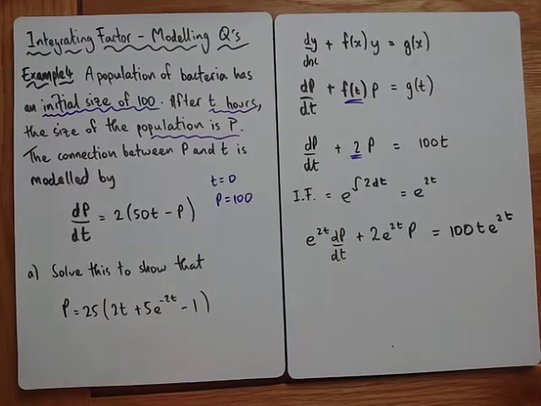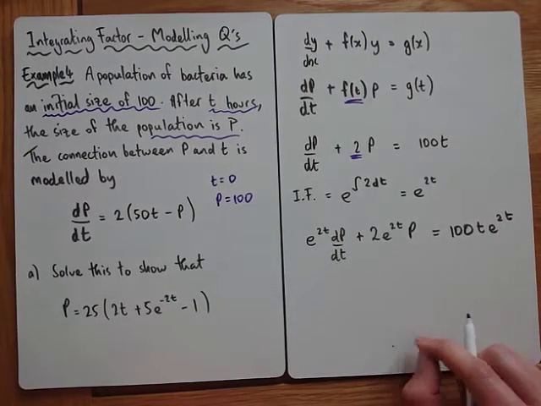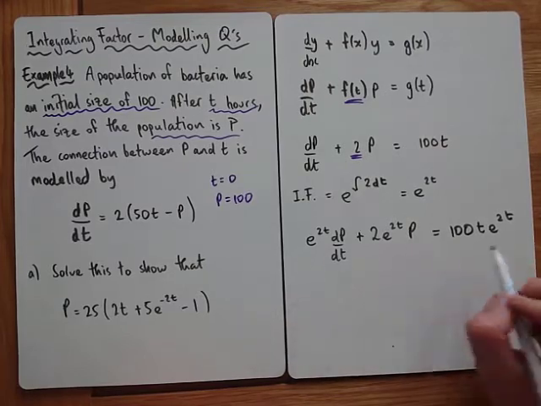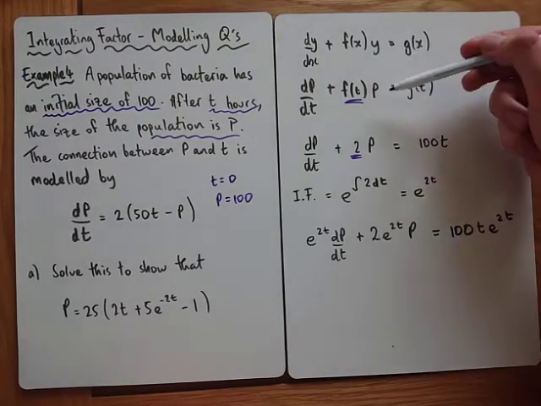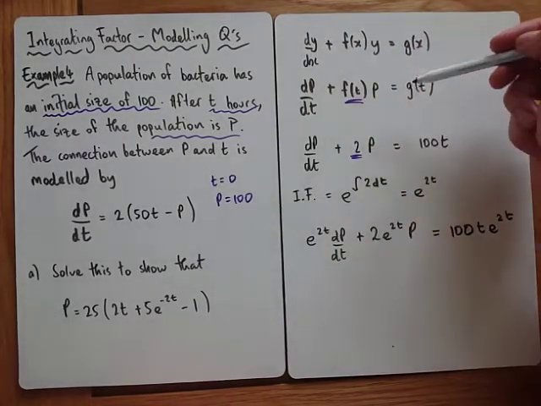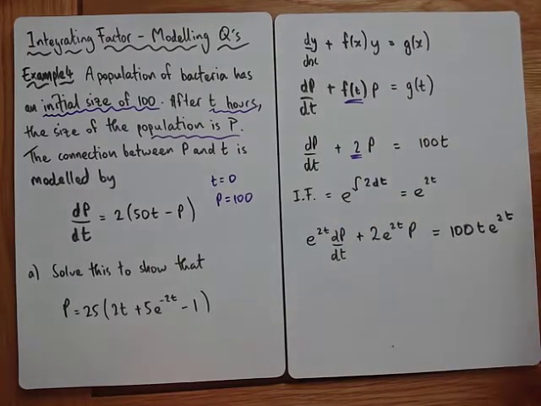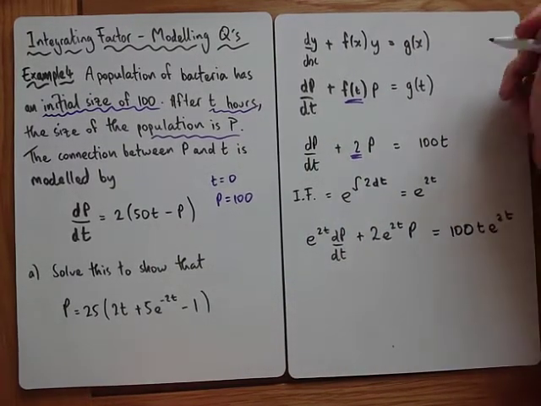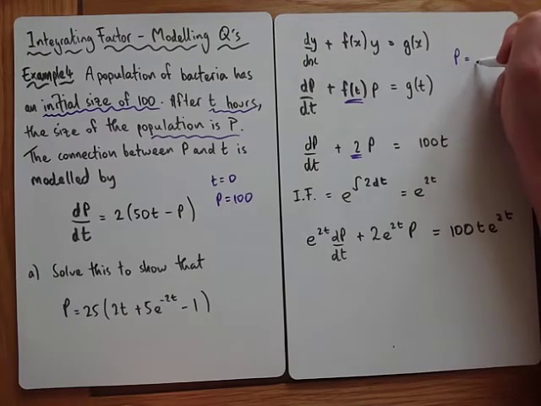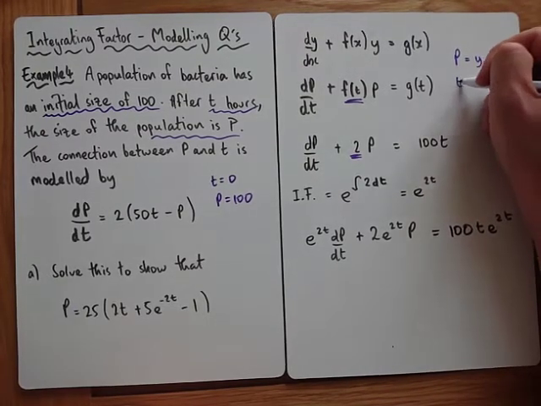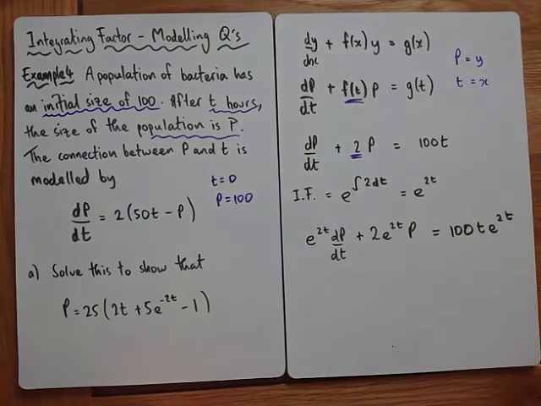Can be a little bit daunting with all the different letters when we're just getting used to the y's and the x's, but just be careful. Remember, it might be nice to do what I've done here and just compare that form with the variables that we're working with. You might even want to reference that, like, p is equivalent to y and t is equivalent to x moving forward.